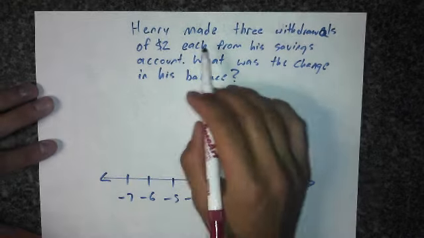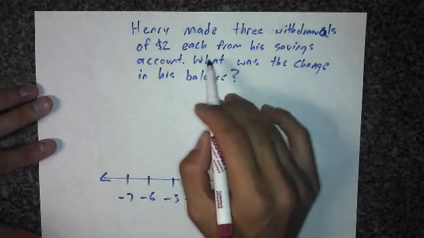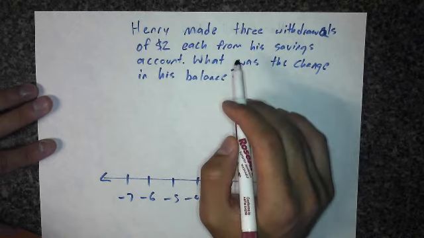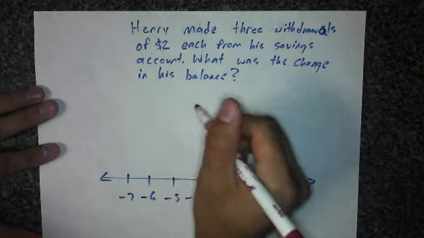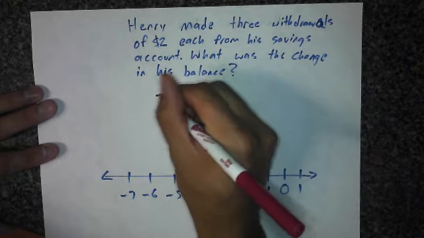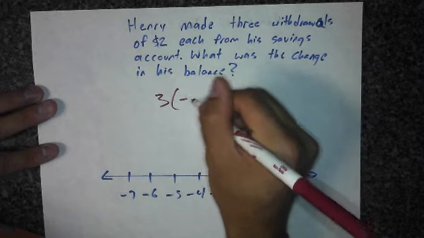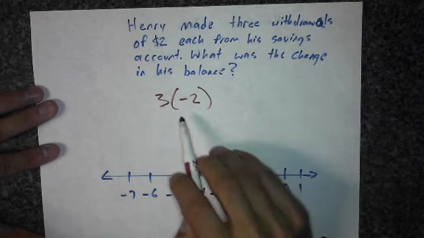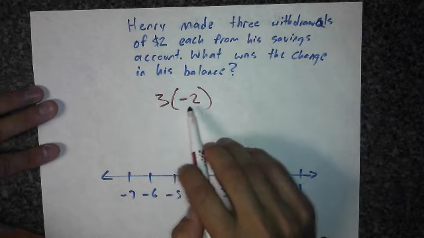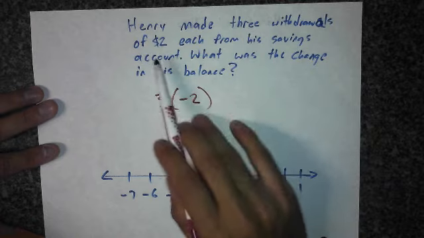So it says Henry made 3 withdrawals of $2 each. So the way I'm going to represent 3 withdrawals, I'm going to put 3 multiplied by negative 2. The reason I'm multiplying 3 times negative 2 is because he made 3 withdrawals of $2.